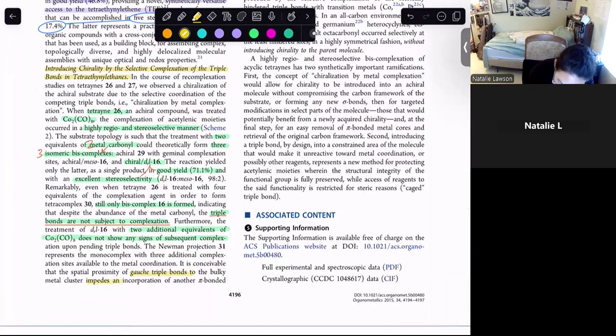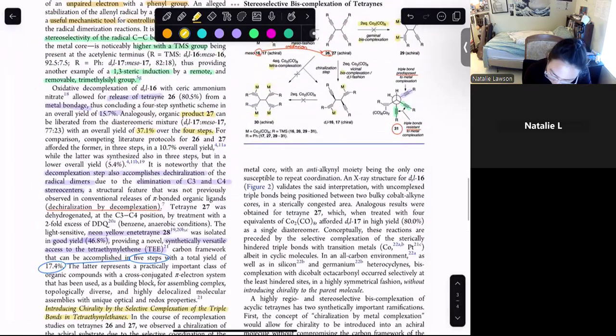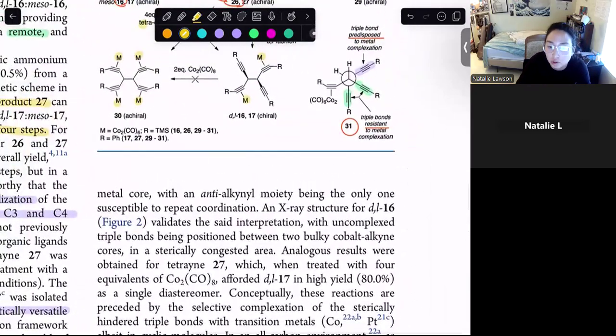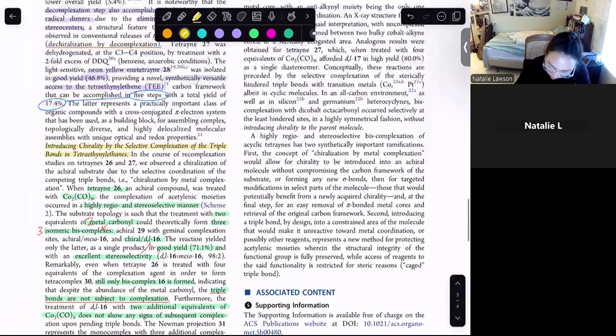Impedes an incorporation of pi-bonded metal core with an anti-alkyl. Okay, so gauche, it's because of the gauche positioning right here that it impedes incorporation of another metal core.